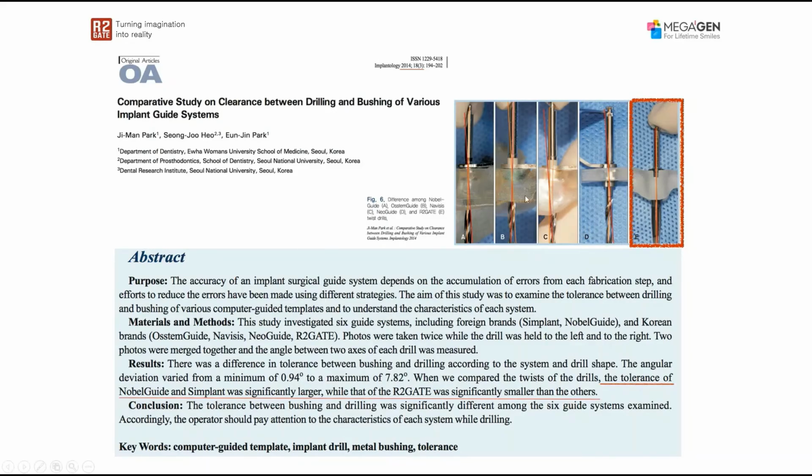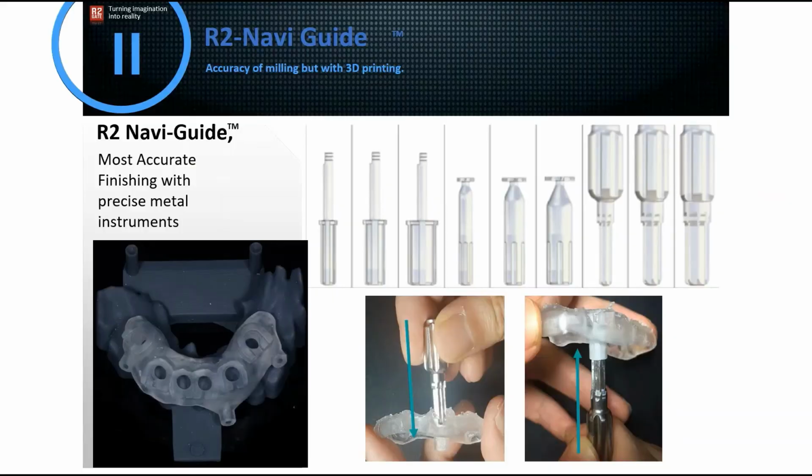Also, this is a more specific study that compared the R2GATE software and the R2GATE surgical guides with other different brands of surgical guides like the Implant and the Nobel guide and other types of surgical guides. And what we found was that the tolerance of the R2GATE surgical guides was actually significantly smaller than the others.